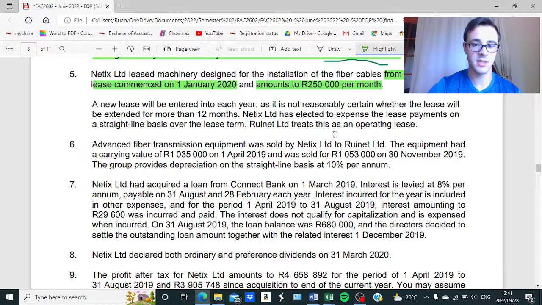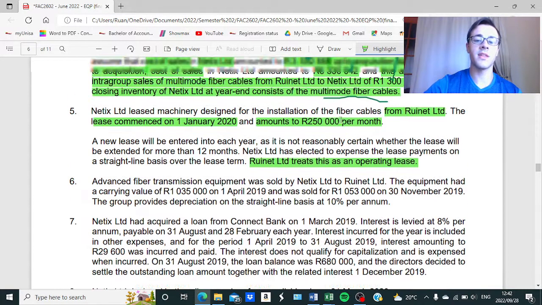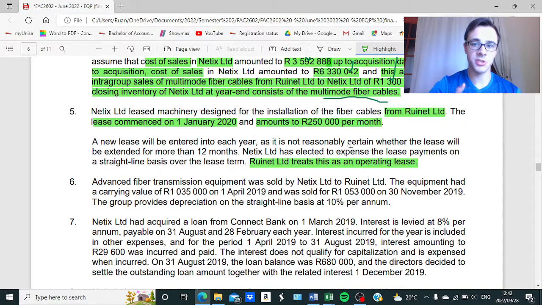Netix Limited has elected to expense the lease payments on a straight line basis over the lease term, and Renet Limited treats this as an operating lease. Okay, all that this piece of information means is that the amounts paid / received for the lease itself will be included in other income and other expenses, more specifically administrative expenses. That's the only thing that you need to note regarding this piece of information.